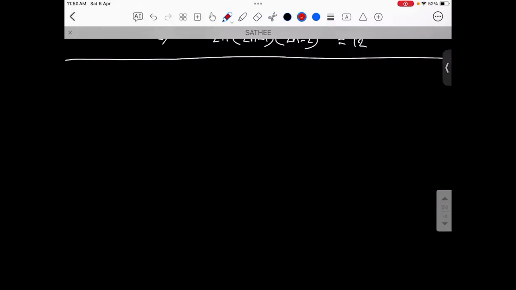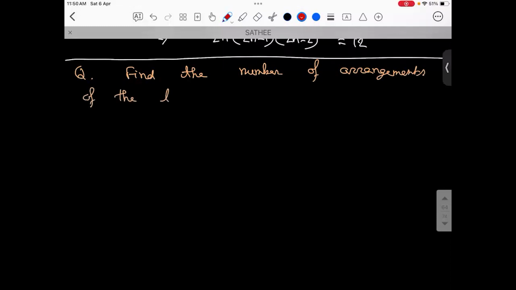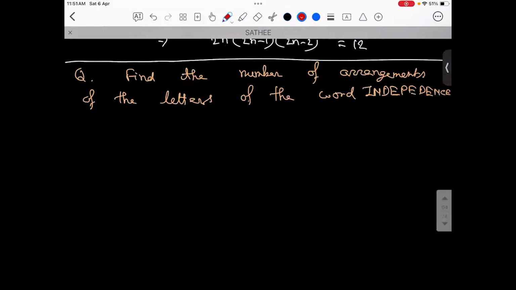So the question is: find the number of arrangements of the letters of the word independence.